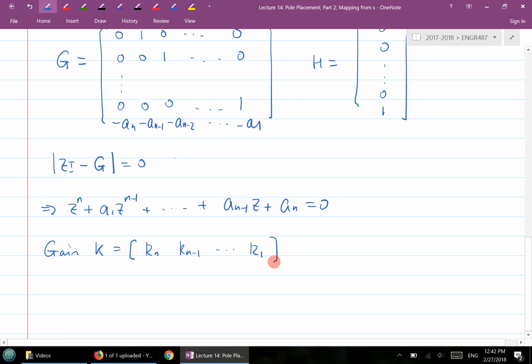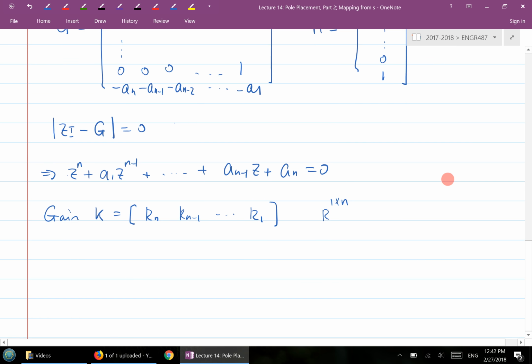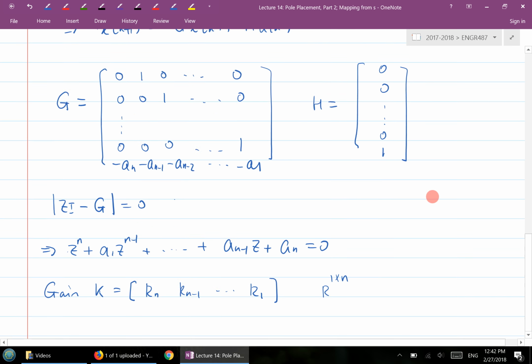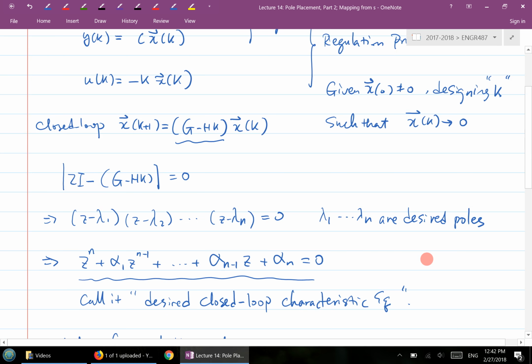The gain matrix K is always a 1 by n matrix, because you multiply K by the column vector X, right? Then plugging this K into the negative feedback, as I did over here, to obtain the closed loop characteristic equation, you get G minus HK, right?